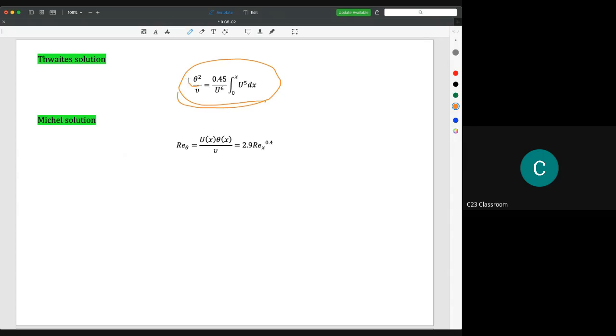We have a theta here, so we need to use it. Then we could substitute it into the Falkner-Skan equation or other equations that I am going to show you later, to predict the transition area, or to predict the stability of flow.